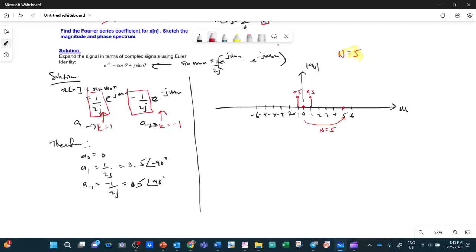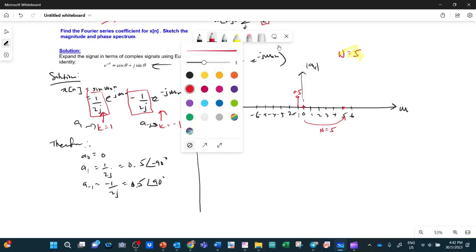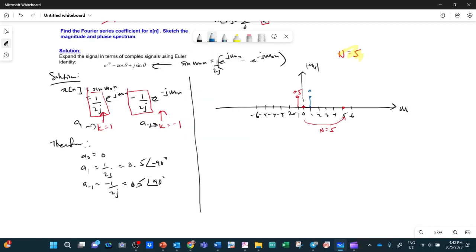At 4 you have this part. Let me change the font color so it's easier to understand. I'm going to use blue for this. 0.5.